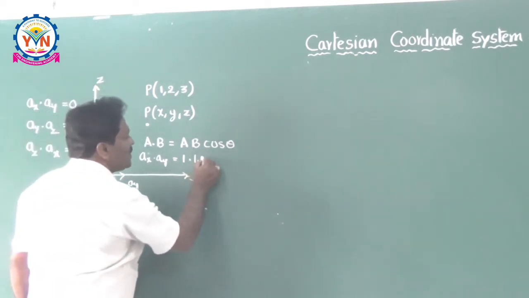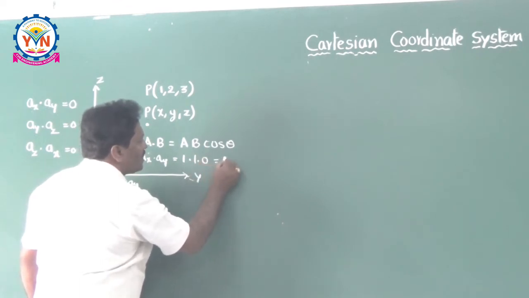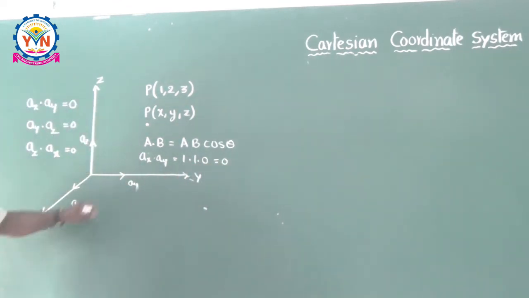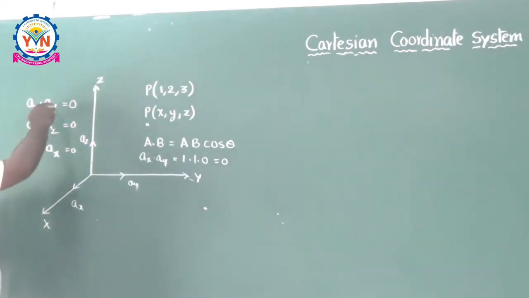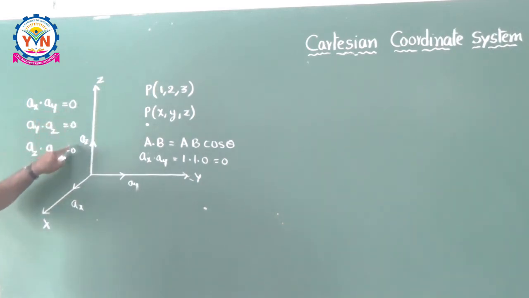So, cos 90 is 0, therefore it is equal to 0. So, AX dot AY, just like AY dot AZ and AZ dot AX, are mutually perpendicular to each other. That is the reason they are always equal to 0.